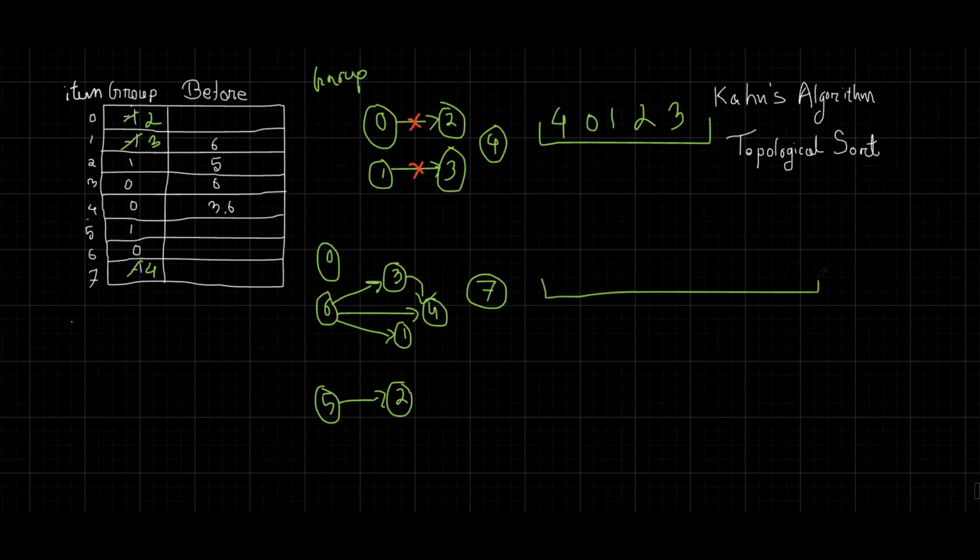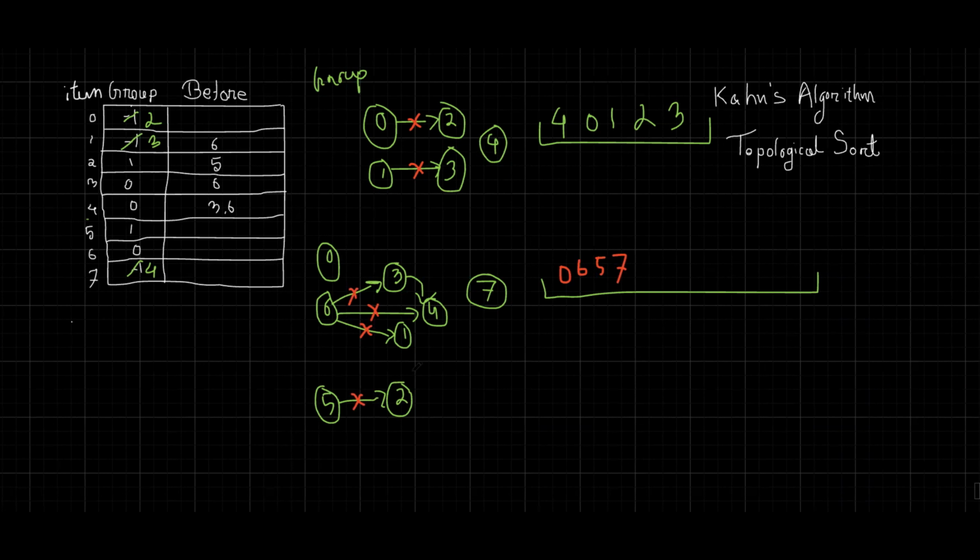Now, what is the topological sorted version of this? We have to first put the elements which have in-degree 0. So here, the elements with in-degree 0 are 0, 6, 5 and 7. So we have to put 0, 6, 5 and 7 here. Now we have to discard all of the connections from 0, 6 and 5.